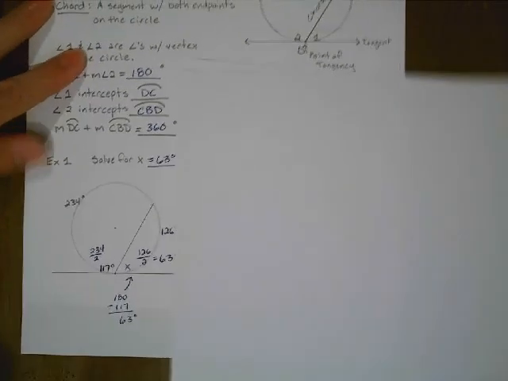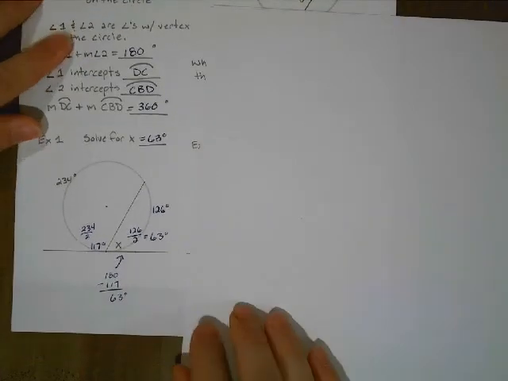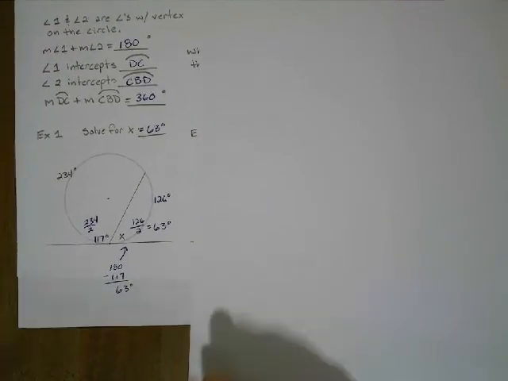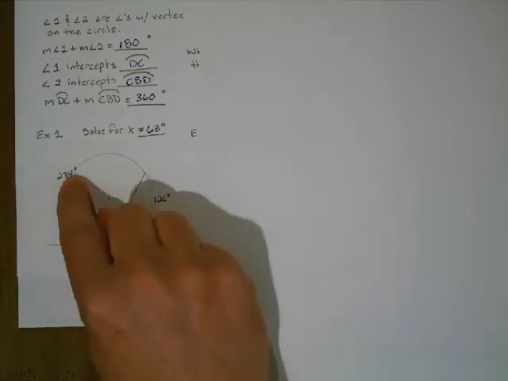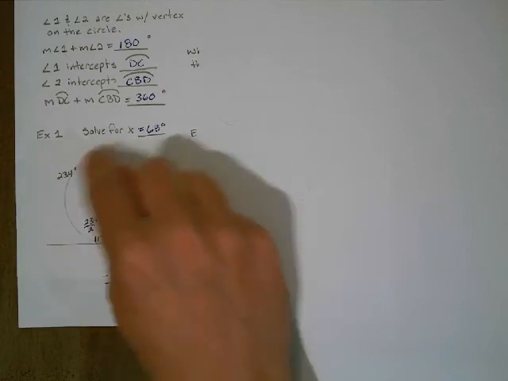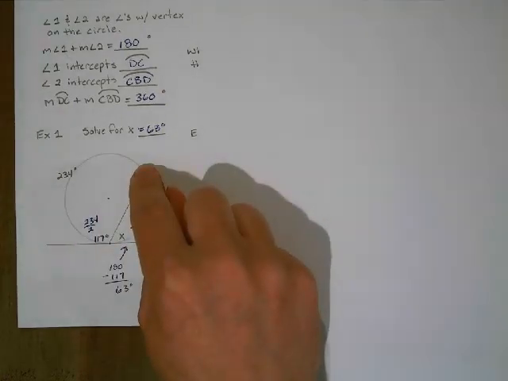All right, so example 1, we're going to solve. There's a couple ways that you can do this. We know that this arc from here to here is 234.